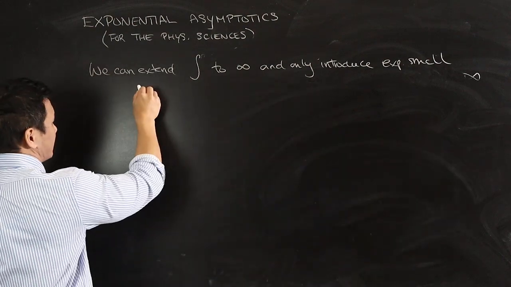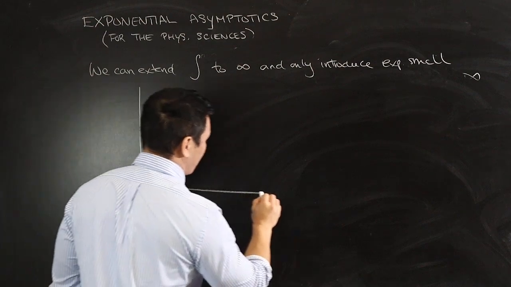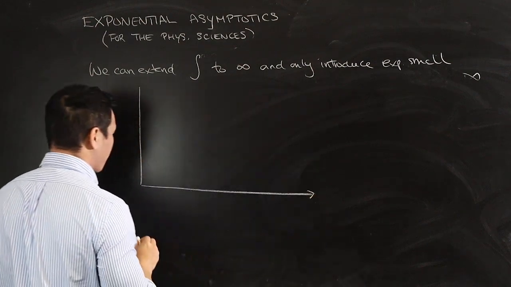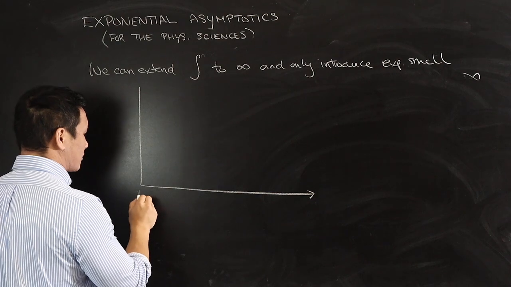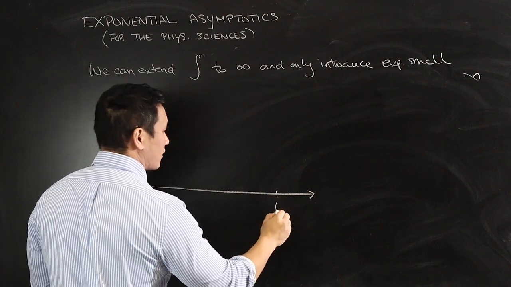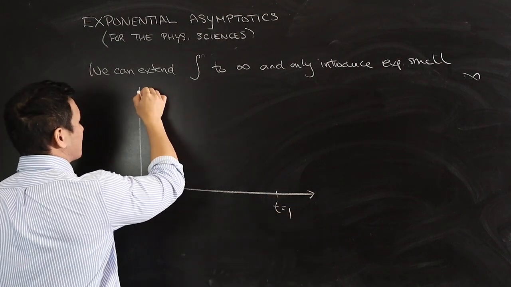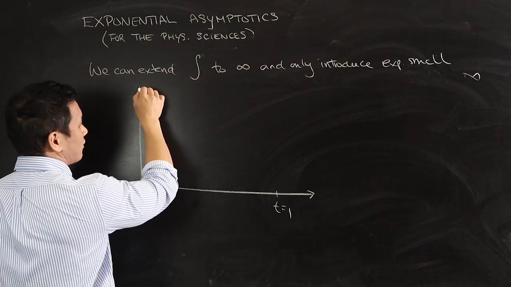So the basic idea is illustrated from the picture that we drew before: you're considering a function which is integrated from t equals 0 to t equals 1, and it's always pinned at 1 here.